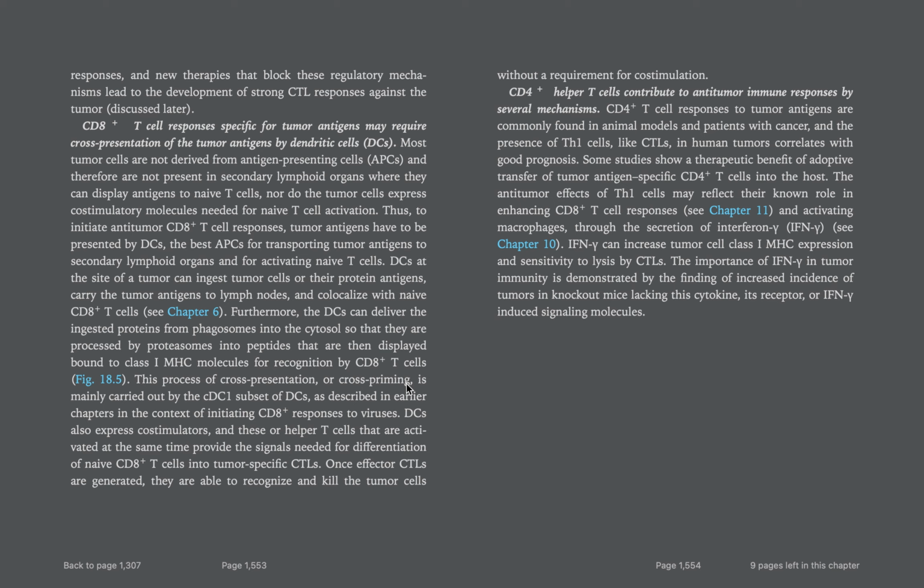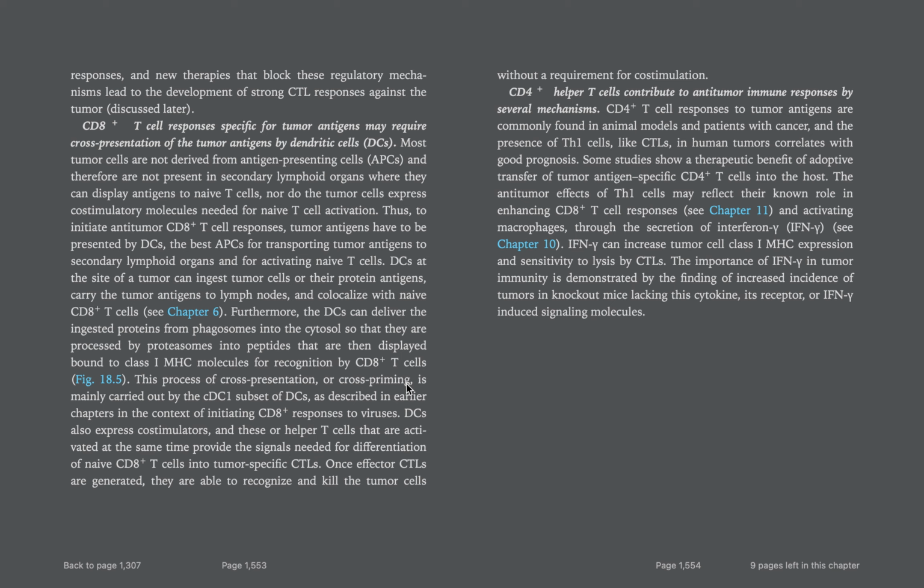Some studies show a therapeutic benefit of adoptive transfer of tumor antigen-specific CD4 T cells into the host. The anti-tumor effect of T helper 1 cells may reflect their roles in enhancing CD8 T cell responses and activating macrophages through the secretion of interferon gamma, as already seen in chapter 10.